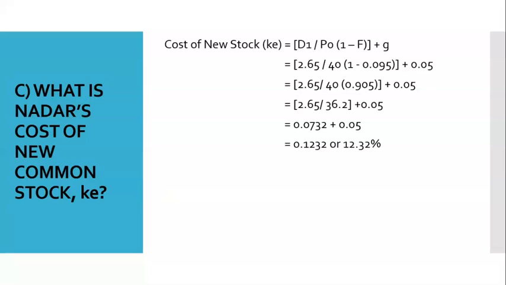So it would be equal to 2.65 divided by 36.2 plus 0.05, and then we get 0.0732 plus 0.05. That answer would be equal to 0.1232, or in this case, 12.32%. That is the cost of the new stock.